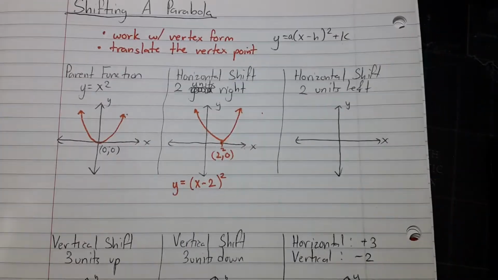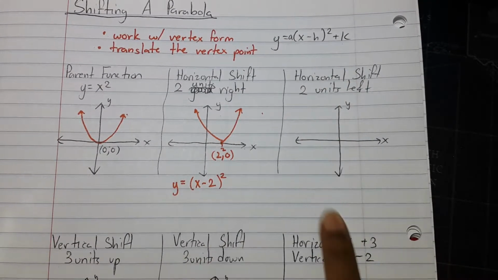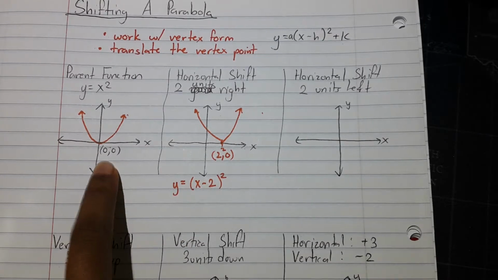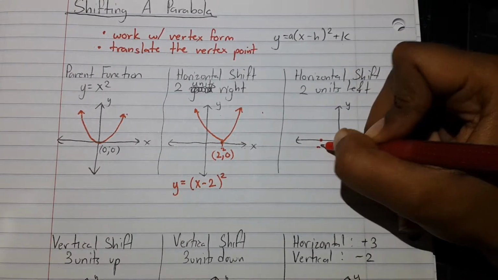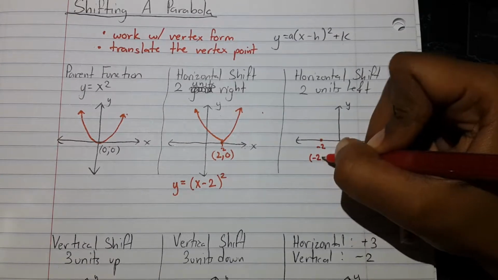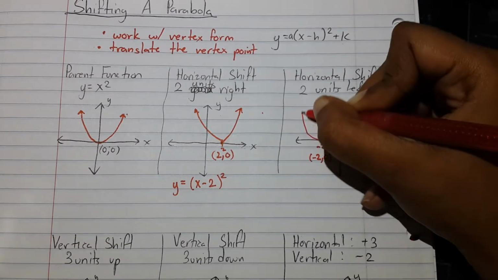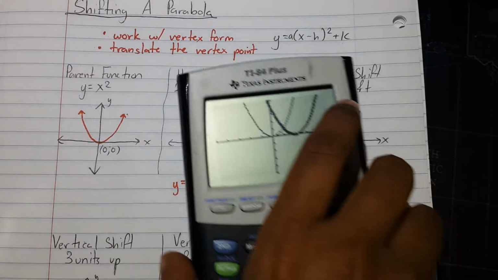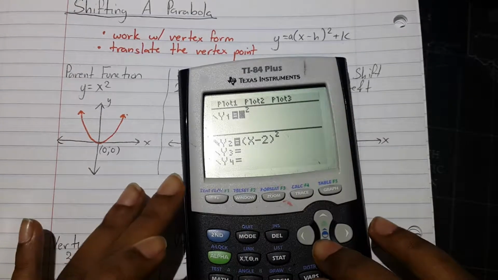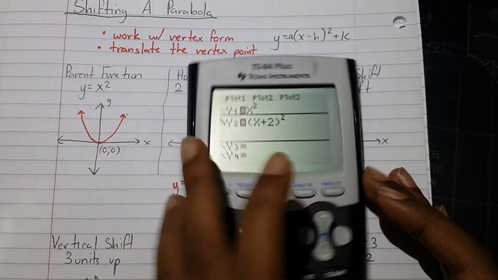Alright then, so let's move on to doing a horizontal shift 2 units to the left. If I'm moving 2 units to the left, I can take the original vertex point, which was (0, 0), and move it 2 units to the left. That puts me at negative 2, and the new vertex point is (-2, 0), and my parabola now looks like this. And if I want to show that on the graph, I can do a plus 2, right?